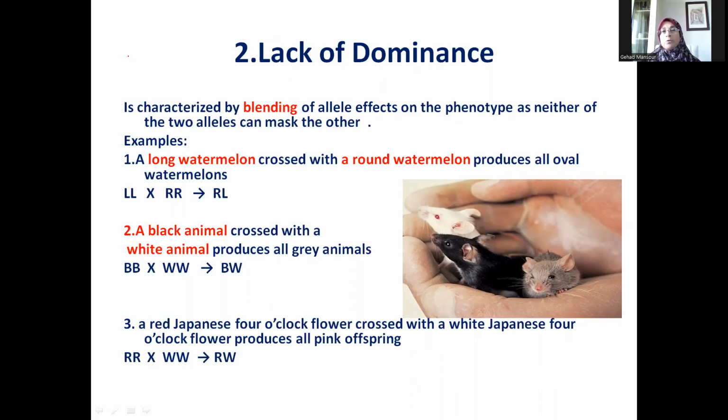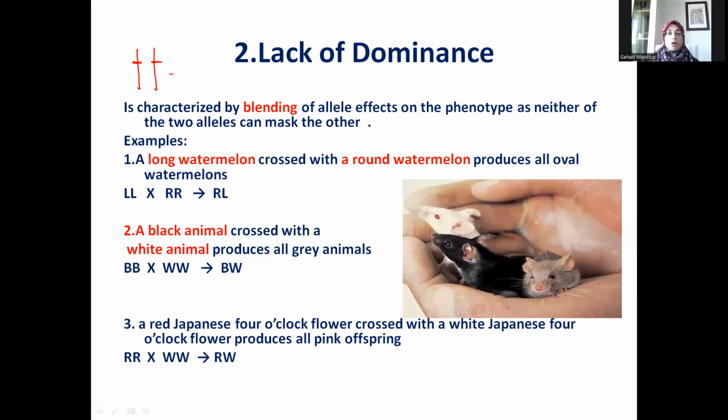In such a case, we would find that the characteristic, like the color of the fur in certain species of mice, for example, differs. Notice that animals like mice have different types of inheritance of the fur color. So in some species, for example, the black dominates totally over the white. But in other species, there is lack of dominance, and the black and the white merge together and give a gray color, which is a condition of lack of dominance.